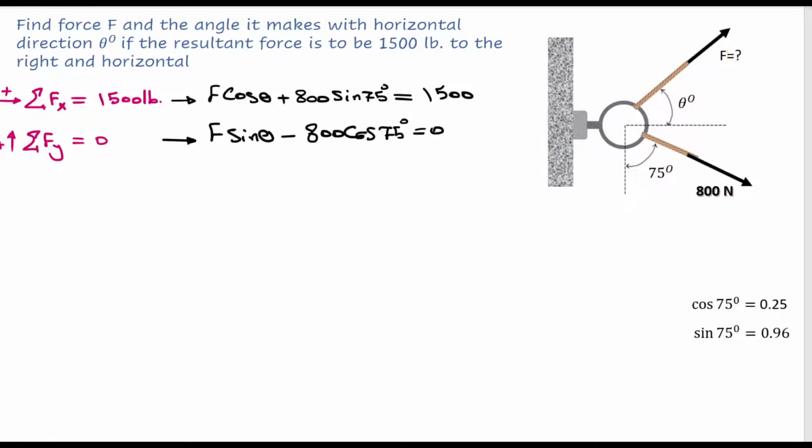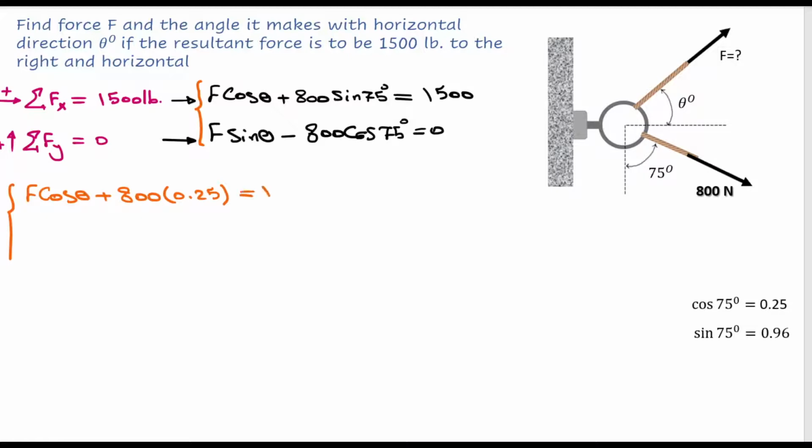Okay, now you have two equations and the data is given. I already wrote the values of cosine 75 and sine 75 here, so we can use them. Let's solve it. First of all, I don't know how much is F, I don't know how much is theta, so I just write them here, plus 800 and sine 75 is 0.25, 1/4 of 800.